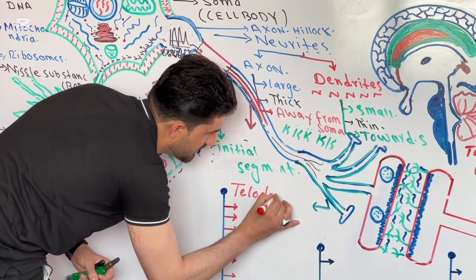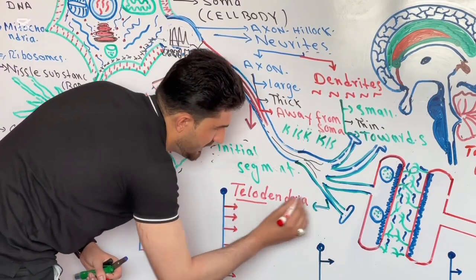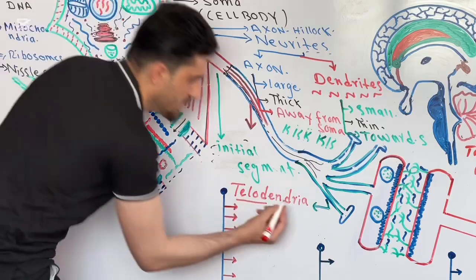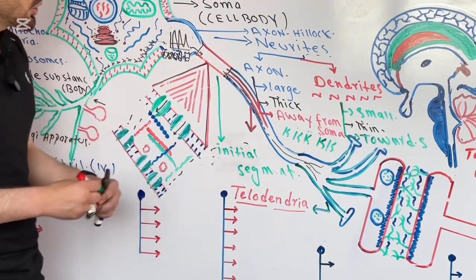These branches are called telodendria. Telo means the end, the end part of this axon, and dendria means tree-like. They look like a tree.